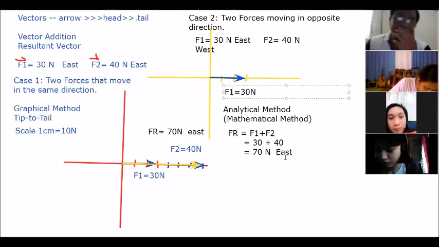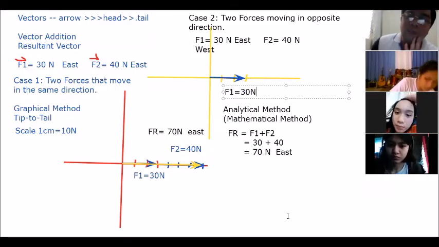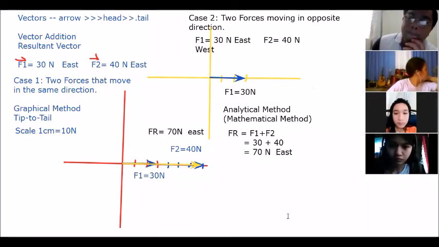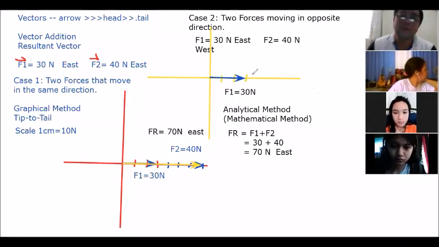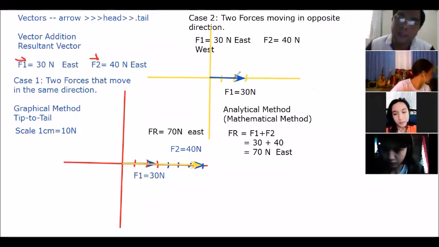Now, how about our F2? How do we draw our F2? We will see that F2 will have to be moved going back. So this is our last location of F2. So we count 4 units going left. So starting here, we count 1, 2, 3, and then our 4 will stop here.